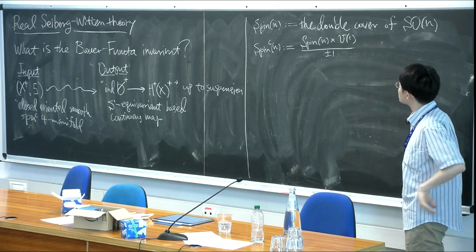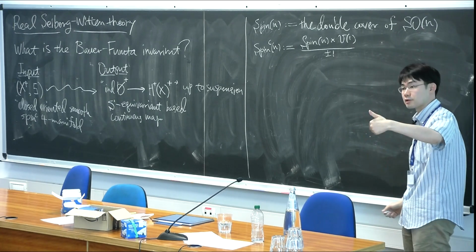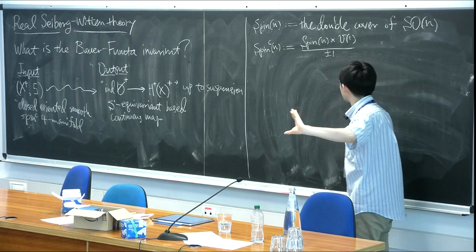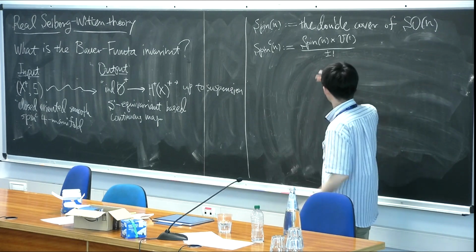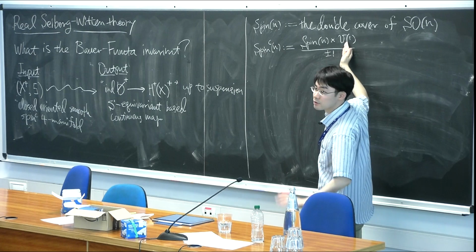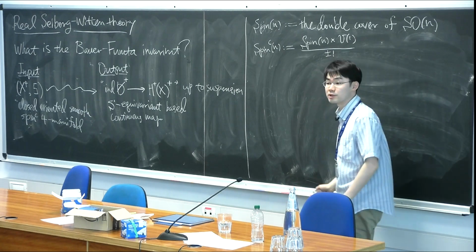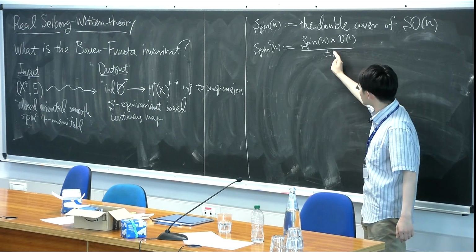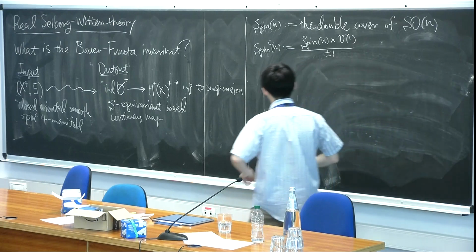Okay, so Spin(n) is a double cover of SO(n), so you have a natural covering transformation action by Z mod 2. And of course Z mod 2 is sitting inside of U(1), so you also have a natural action on U(1) by multiplication, and you take the quotient by this diagonal action.